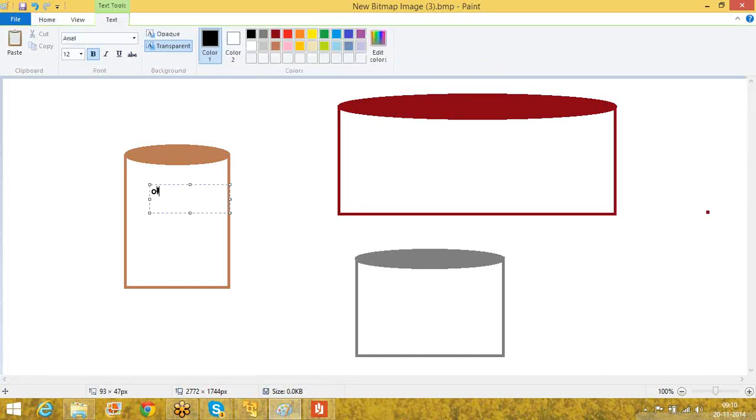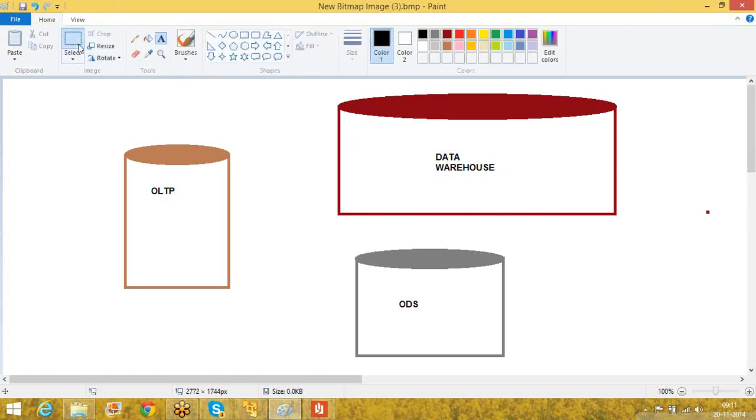This is OLTP, your transactional processing database. This is ODS, operational data store. This is data warehouse.